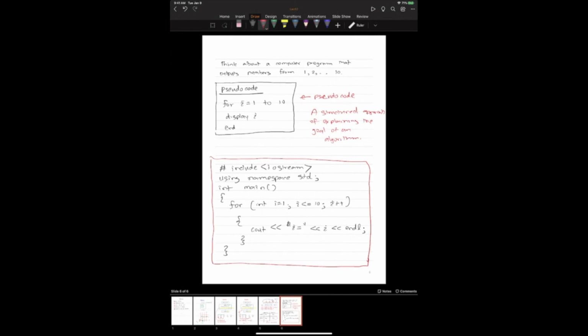Now, these two are identical in terms of what they do. The first one, the pseudocode, has no strict rule, as long as we all understand it. From 1 to 10, we had to display the number I count. Whereas on the second one, if we have to implement that in C++, you have to follow a certain syntax.